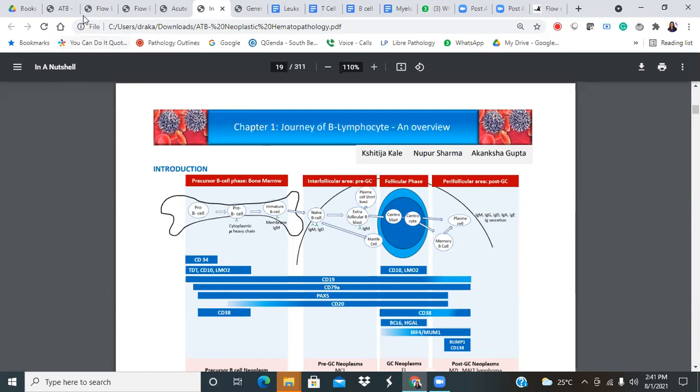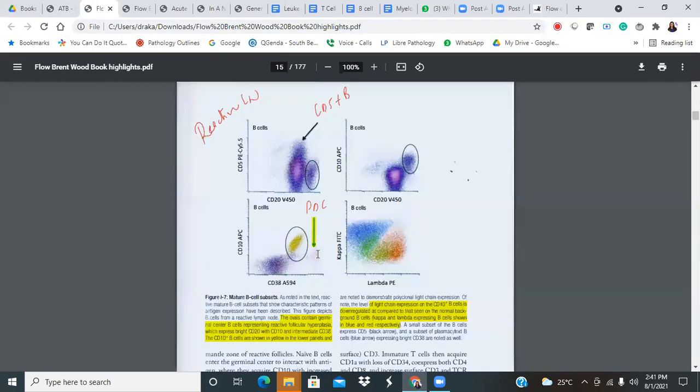So this is another marker that is important, and this is why it is important: when you have CD10 versus CD38 in the plot, you'll see these prominent follicular or germinal center cells, which are because of the reactive lymph nodes. So that's something that you have to remember.